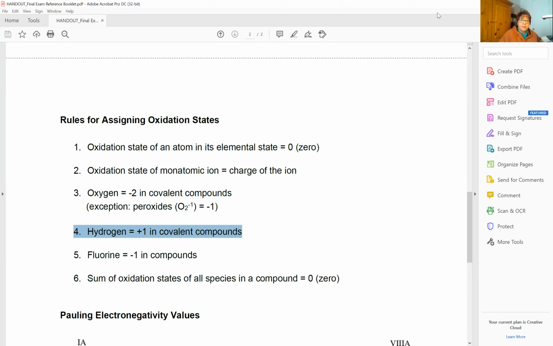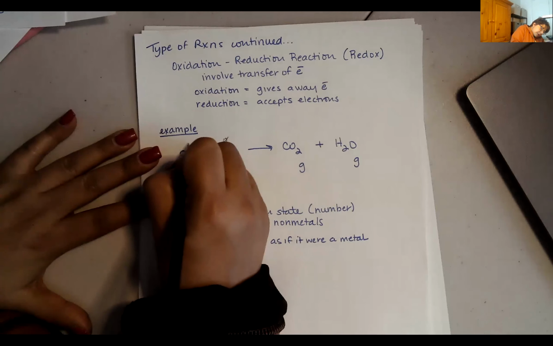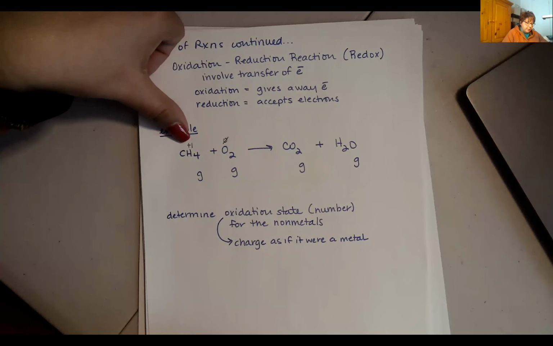Hydrogen in its covalent compounds is +1. So looking at my compound here, hydrogen is going to be +1. Now, I don't know what the oxidation state is of carbon. I'm going to have to determine what it is.